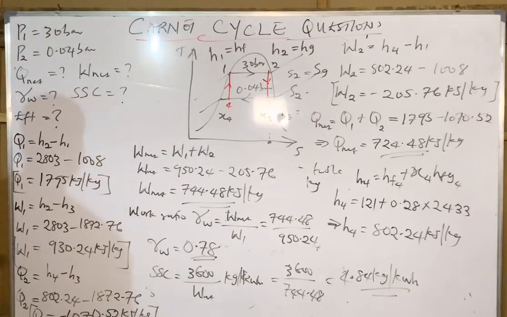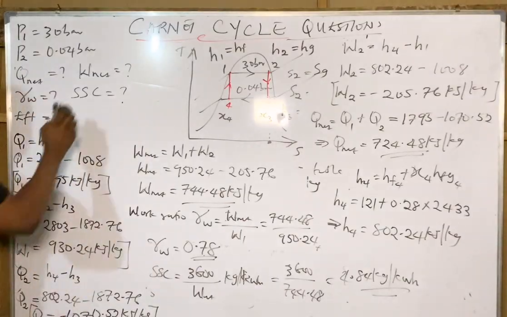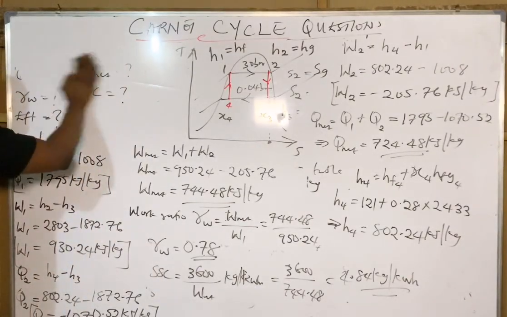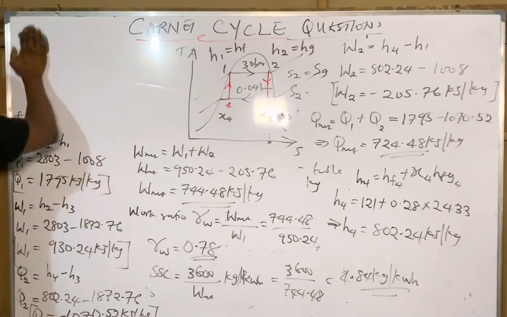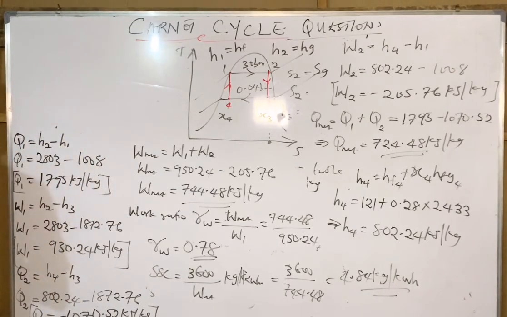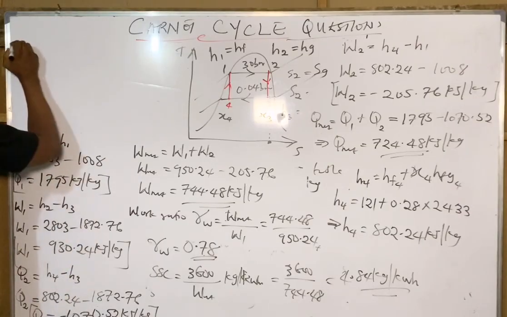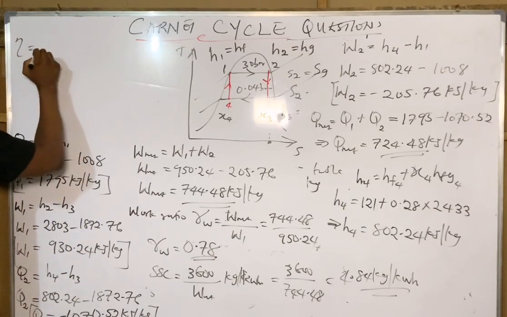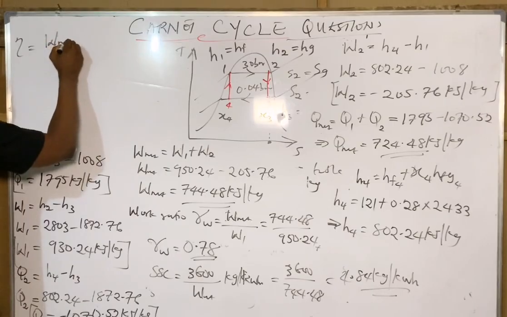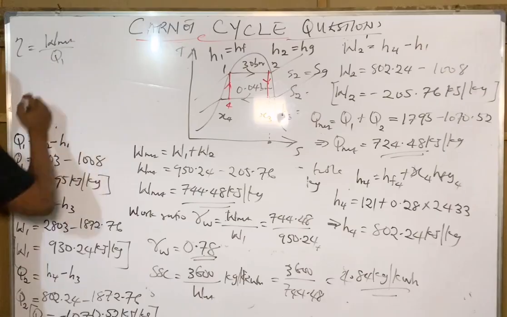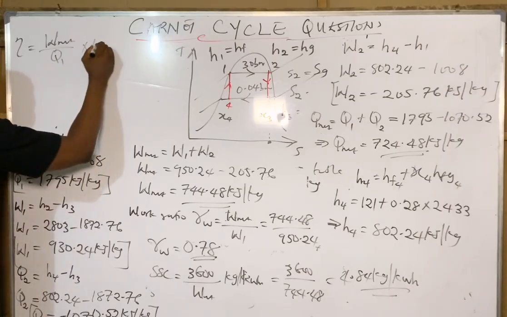Okay. Finally, we are asked to find the efficiency of the system. Efficiency is net work over heat supplied, Q1, multiplied by 100%.